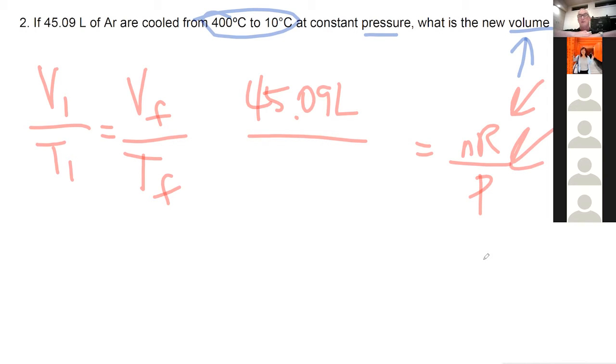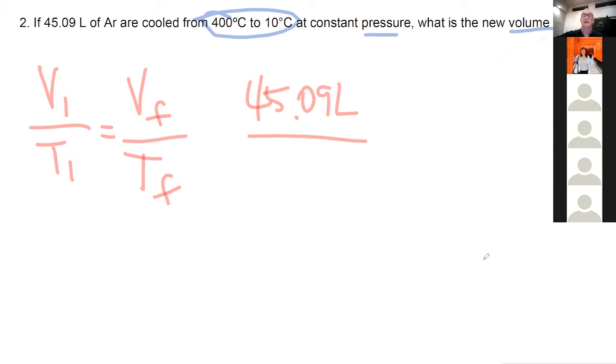Therefore, they're equal to each other. That's the relationship I'm taking advantage of. I don't know what they're equal to. I just know they're equal to each other because this is a constant number that doesn't change. So I'm not ignoring the pressure. I'm actually taking advantage of the fact that it's a constant.